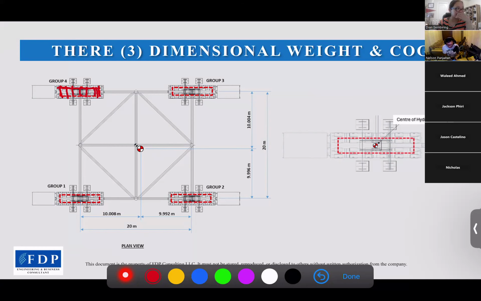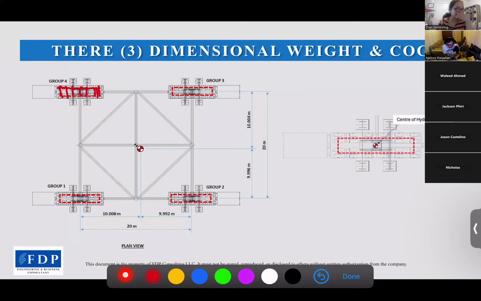So the distance for the legs here is 20 meters by 20 meters, and the COG will be at 10.008 meters at the X and 9.996 meters for the Y. So our origin point is here.